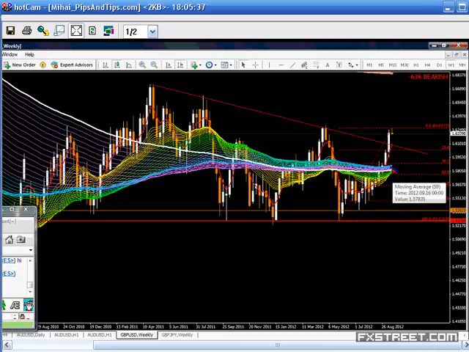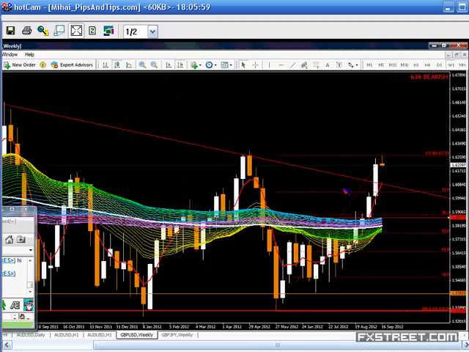Now, what I'm looking for is, are we going to see a very clear breach of the current bottom of the rainbow? Let's mark the bottom of the rainbow with red lines, the top and the bottom. It's very simple, guys. The top of the rainbow is the highest moving average that I see. Let me zoom in.